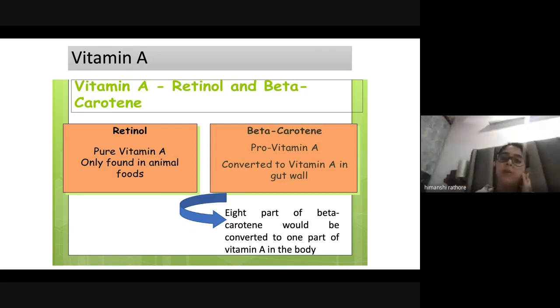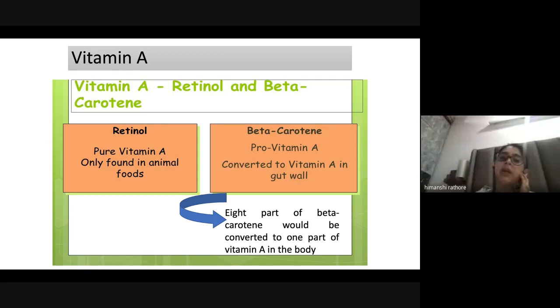And the beta carotene form of vitamin A is provitamin A. It is first converted to vitamin A before being absorbed in the body. It has to be converted into retinol, and it is present in vegetarian sources.